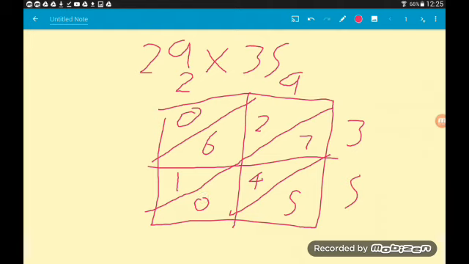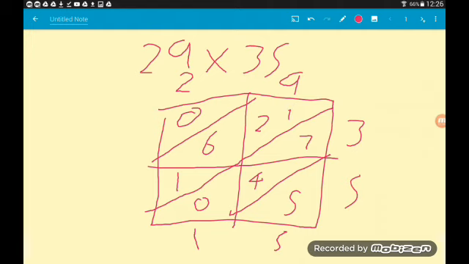Now we add up along the diagonal lines, starting from the bottom right. This 5 just falls out. Next line, we've got 7, add 4, add 0. So 7 add 4 is 11. We put the unit down there, carry the 1 up to the next diagonal.